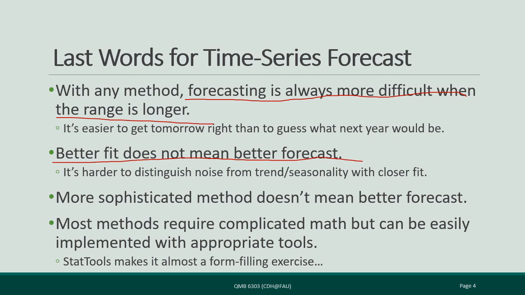This is best observed when we talked about noise. We can come up with a model that tracks the period to period movement almost exactly, but that also means that all the noise is taken into consideration, which most of the time we don't want. We want to smooth out the noise.